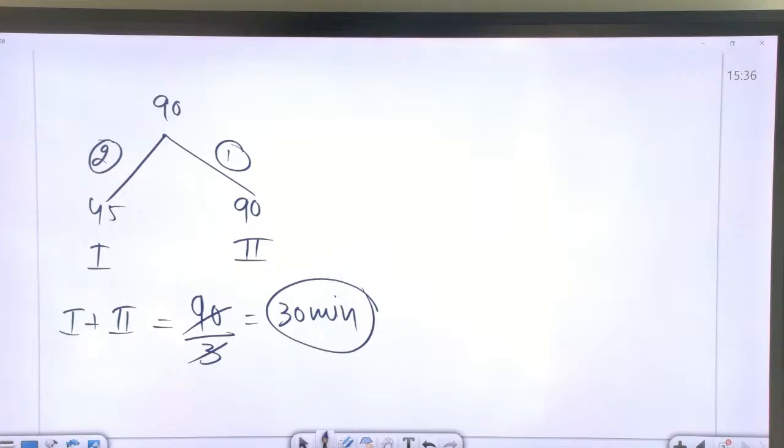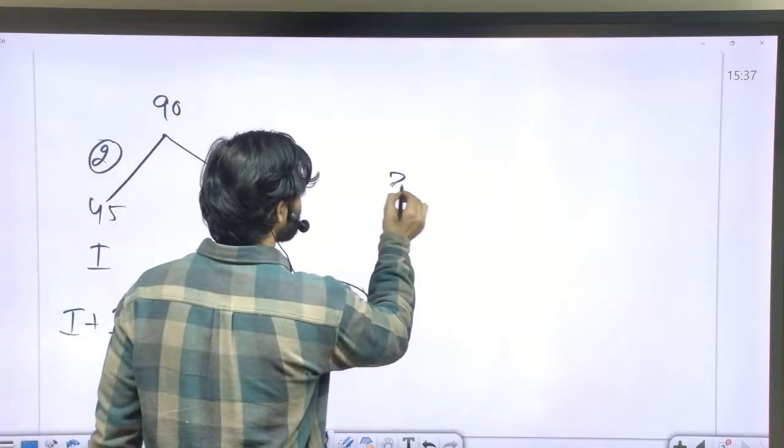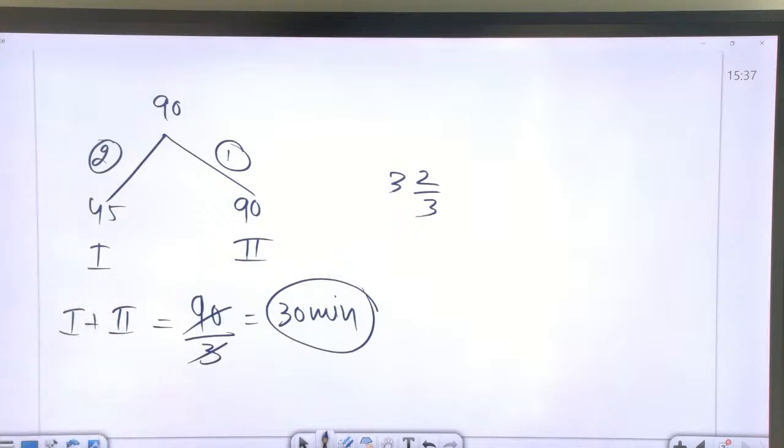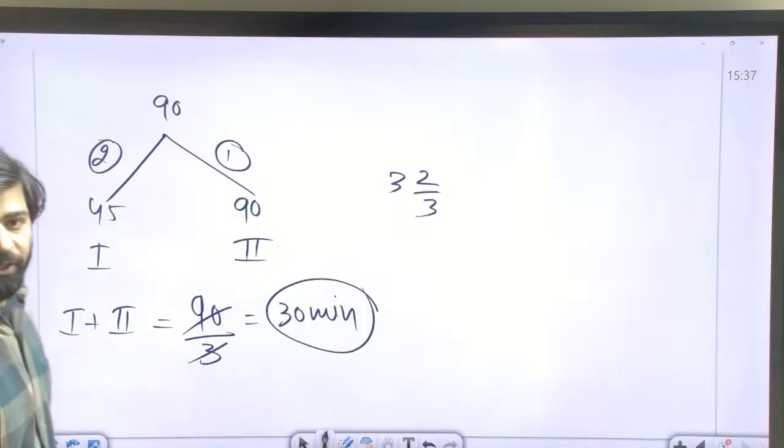A and B can finish a work together in 3:2 by 3 days. 3:2 by 3 days.